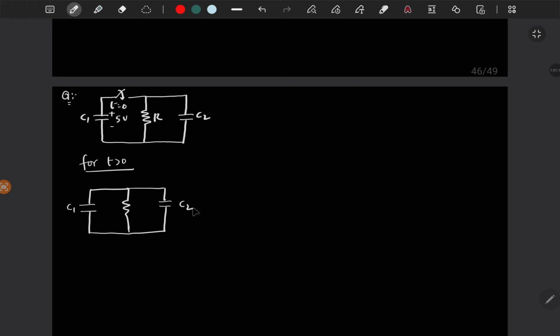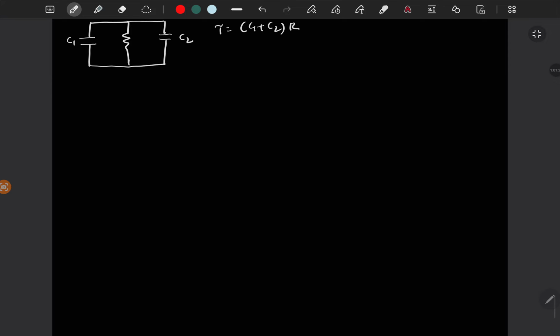C1 and C2. Since C1 and C2 are in parallel, you will get the time constant as C1 plus C2 times R.